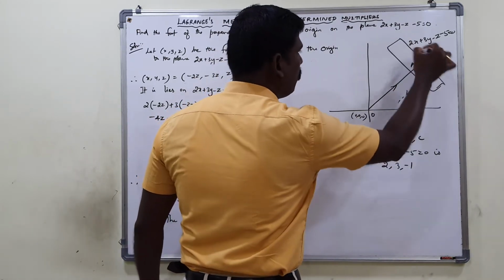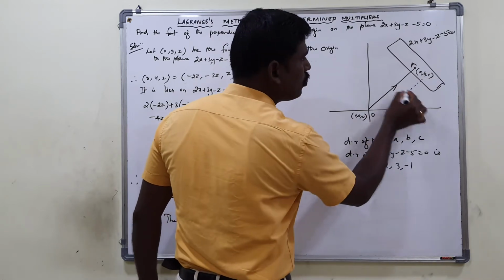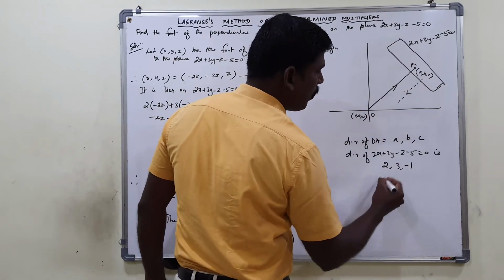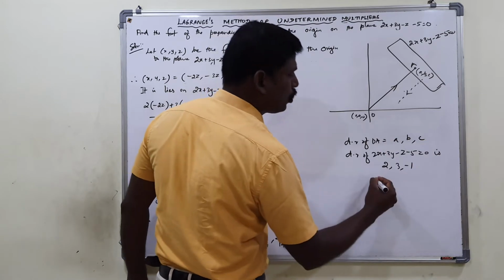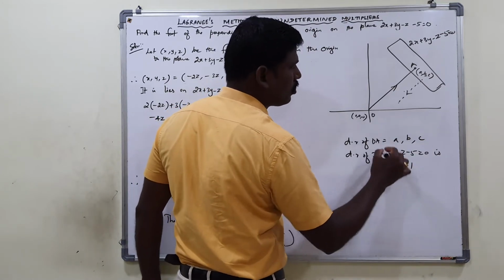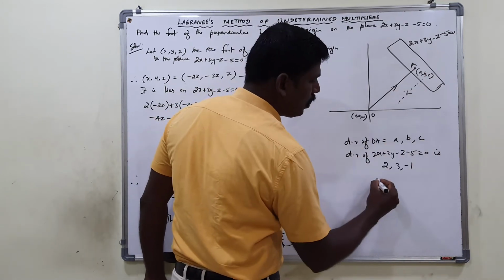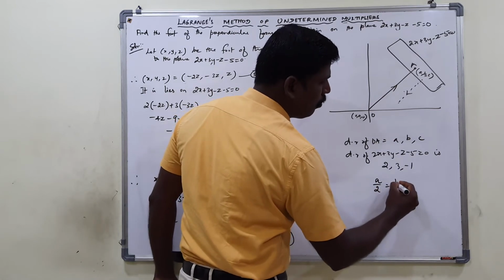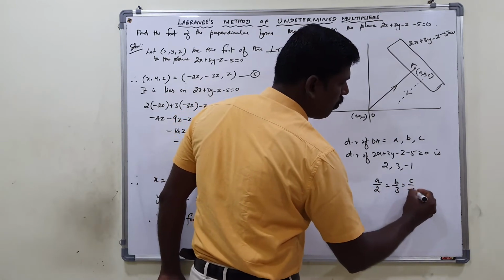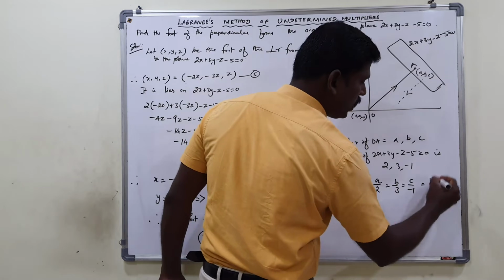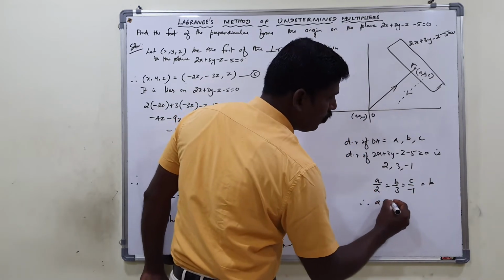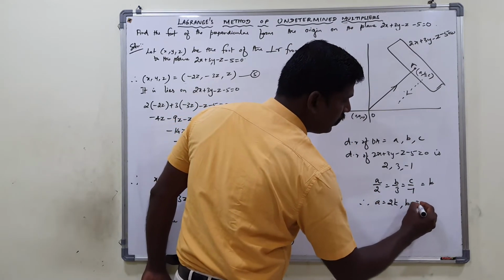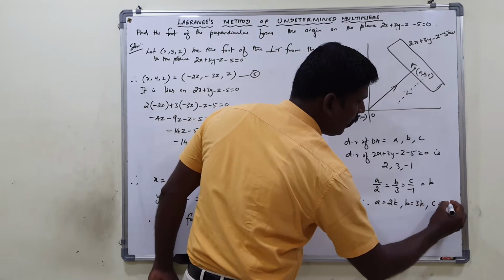So both are parallel, which means the direction ratios are proportional. Therefore A by 2 equal to B by 3 equal to C by minus 1. I am taking this ratio as K. Therefore what is A? 2K. What is B? 3K. What is C? Minus K.